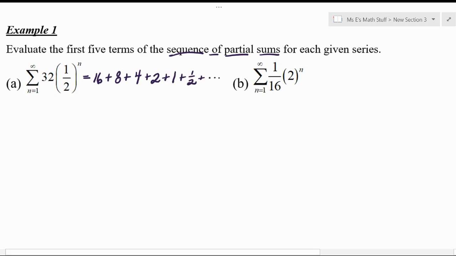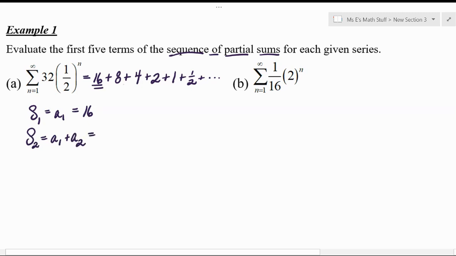Now, the directions say sequence of partial sums. So let me explain what that means. A first partial sum would be just your first term. And so in this case, that would just be 16. Your second partial sum is your first term plus your second term.